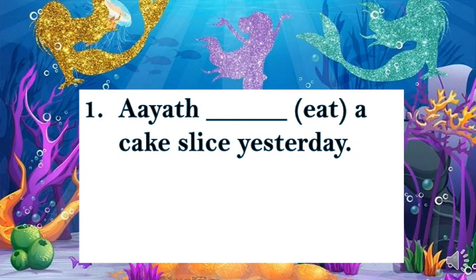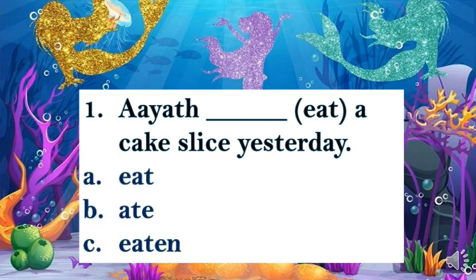Here is the question. Ayat dash eat a cake slice yesterday. This means something that happened yesterday, right? So it should be given in past form. Let's see. Is it Ayat eat, or Ayat ate, or Ayat eaten?